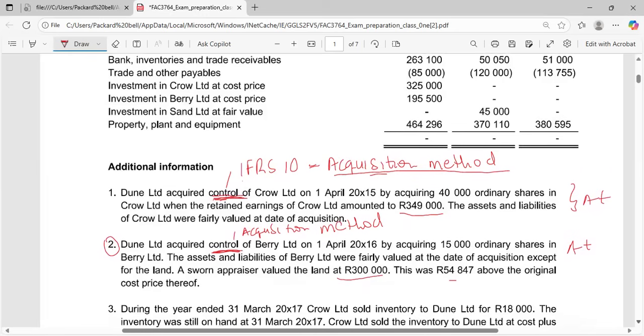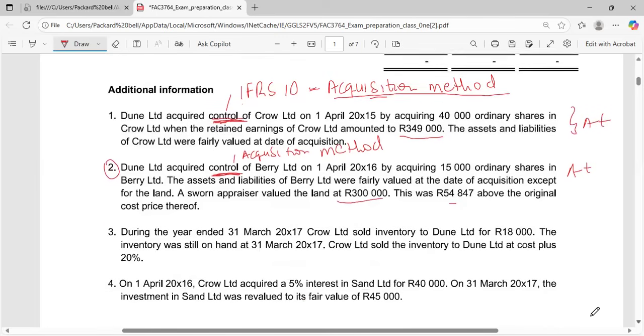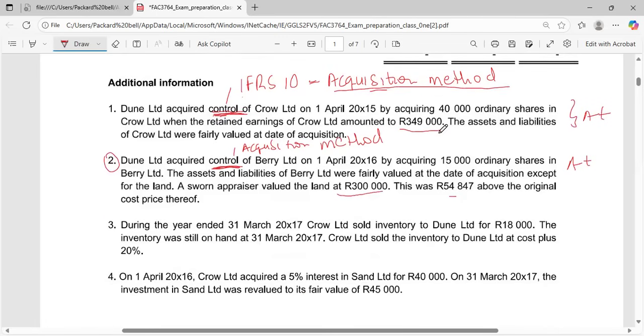So number 3 says, during the year ended 31 March 2017, Crow Limited sold inventory to June Limited for 18,000. The inventory was still on hand on 31 March 2017. Crow Limited sold the inventory to June Limited at a cost price plus 20%.